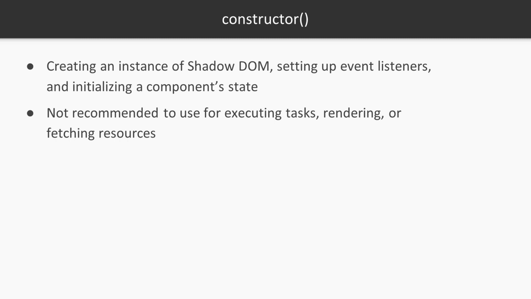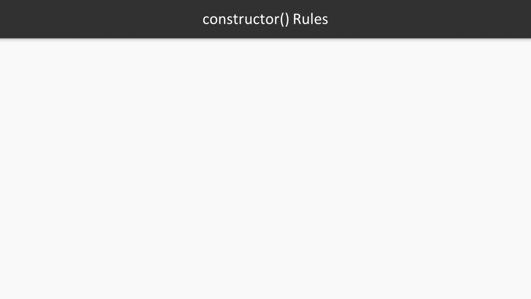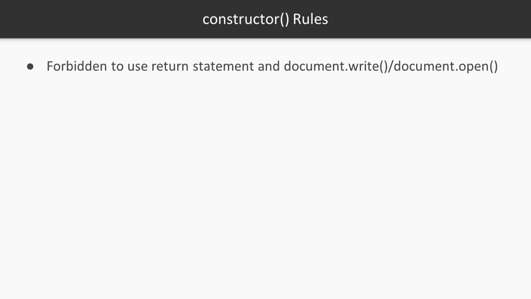Next point is that it is mandatory to use a constructor. Remember, in our web component, we make use of custom elements. And because it's a custom element, we obviously need to set it up because it's custom. That's why for a custom element, it is mandatory to have a constructor. Now let's look at some of the rules which are important for constructor. First rule is that it's forbidden to use a return statement and document.write or document.open inside a constructor.